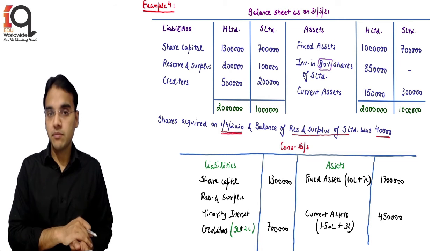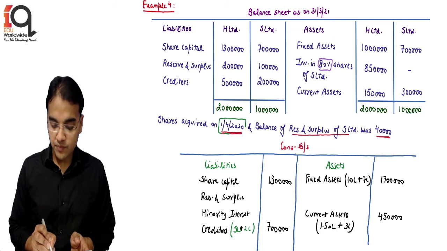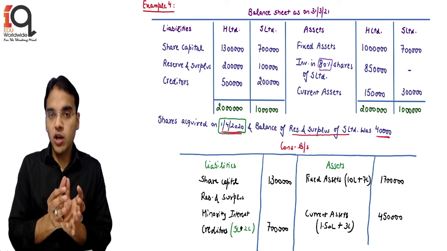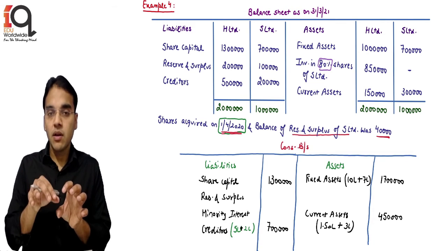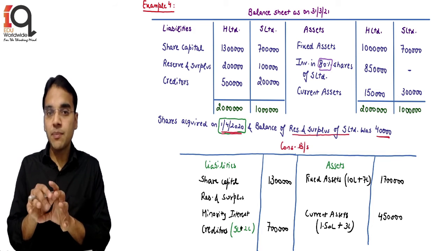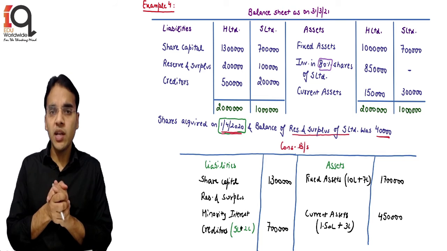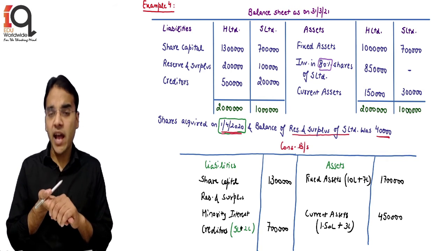The reason being, I actually purchased the shares on 1st April 20. If I am comparing the cost of investments, I have to compare it with the net assets of the subsidiary on that date, means on 1st April 2020. But do I know the value of fixed assets, current assets and creditors as on 1st April 20?